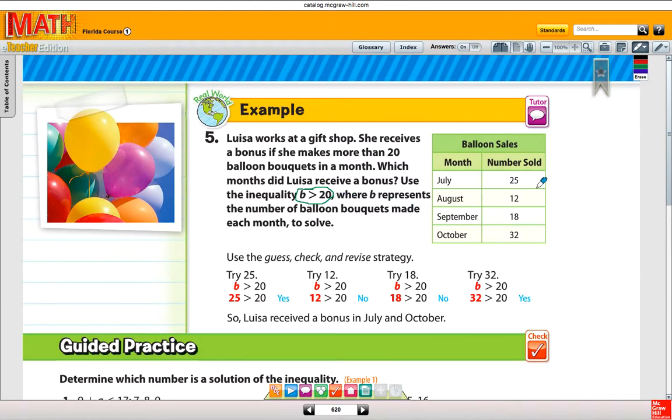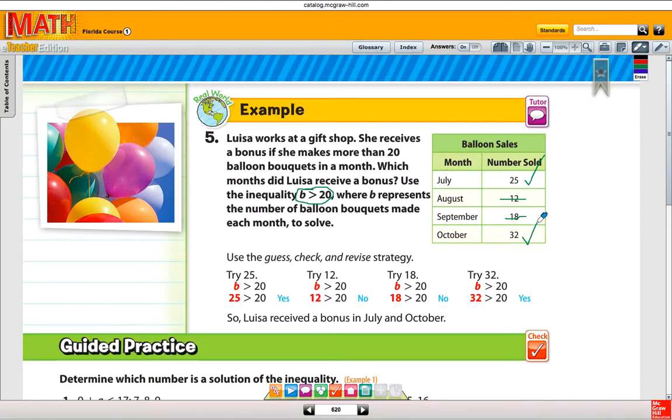So over here, we're trying to determine when Louisa received a bonus. So she has to make more than 20 bouquets. So did she earn a bonus here? Is this more than 20? Yes. Did she receive a bonus here? No. September? No. But October?